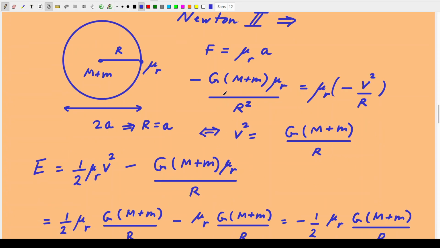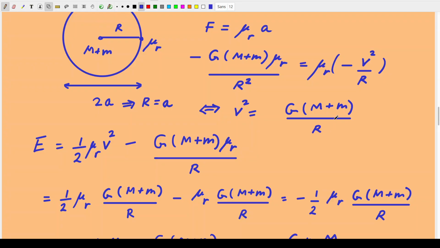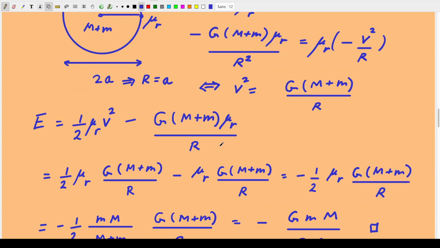And then from this result here, we can find the squared velocity equals this. And these things here are exact results. And, okay, we look at the energy. Here's the kinetic energy, and here's the potential energy. And v squared, okay, that's that. So we get this. And we still have this.